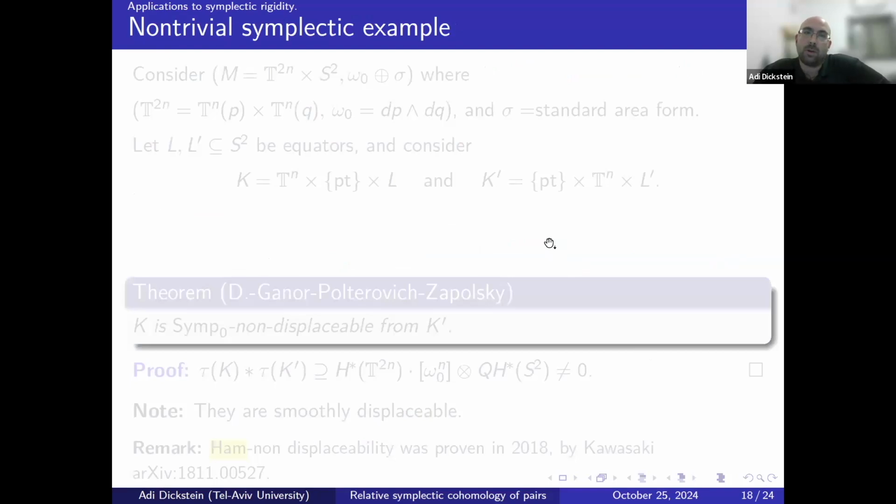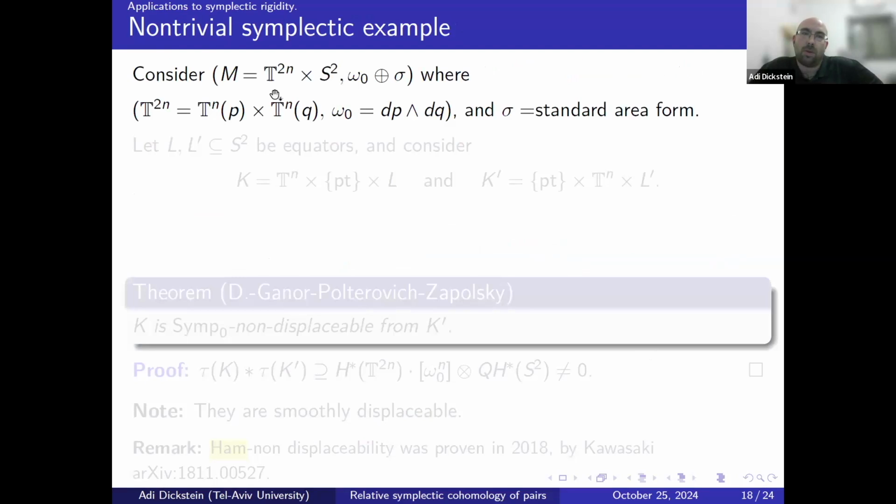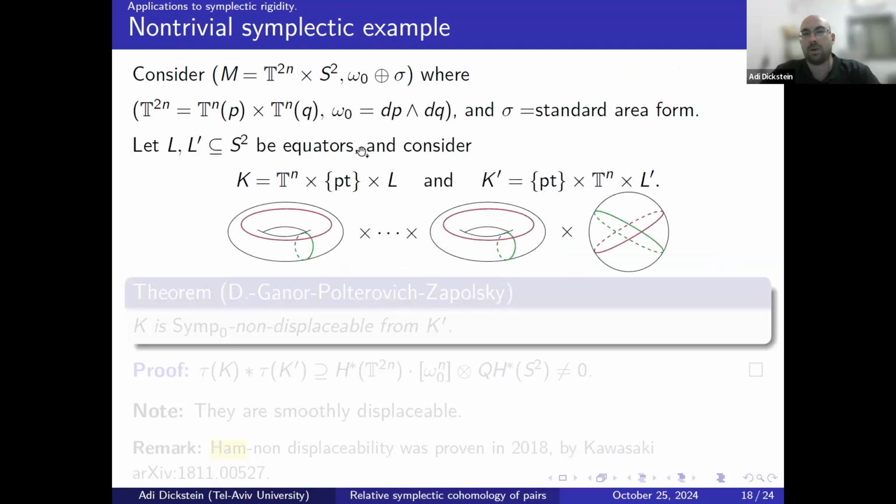A non-trivial example that we got using this observation is the following. On the product of the n-dimensional torus and S2, we can consider two Lagrangians. One is T^n times a point, and times also an equator in the sphere.